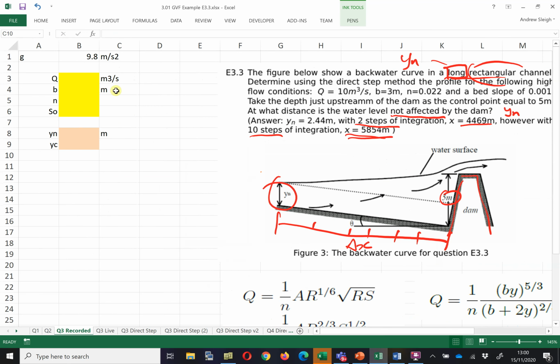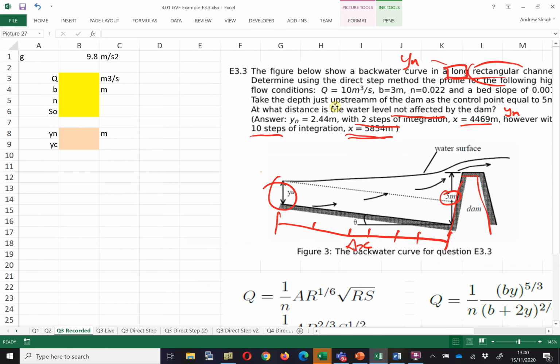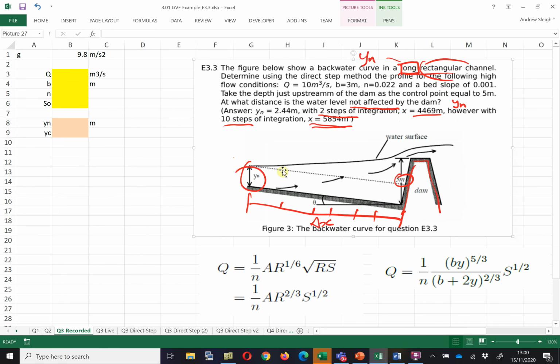So I've set up my sheet so that I have yellow cells with my fixed data in, and I've got these beige cells which have got some intermediate solutions. First thing I've done actually is start with putting a value G in there, because G is quite handy, and you can refer to that cell, that B1 cell, every time. I've actually labelled that by typing G in this cell up here, so I can use the letter G in all my equations. You don't need to do that.